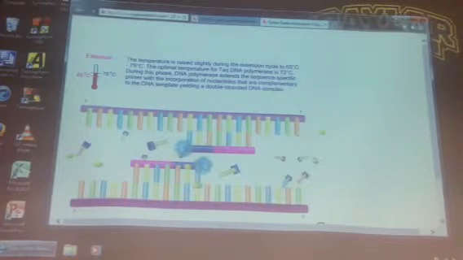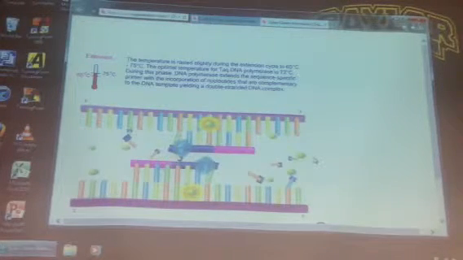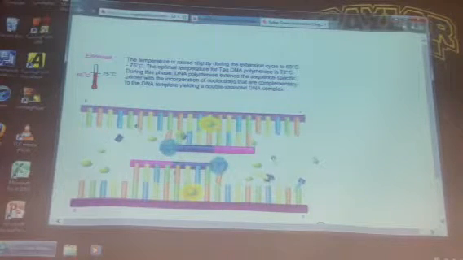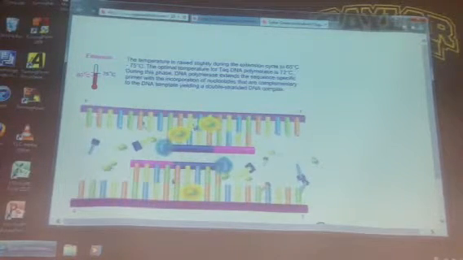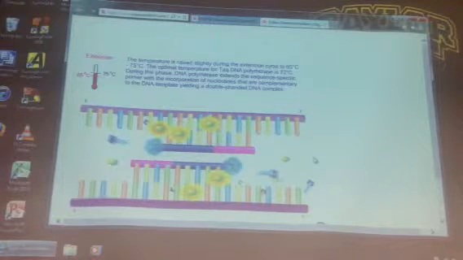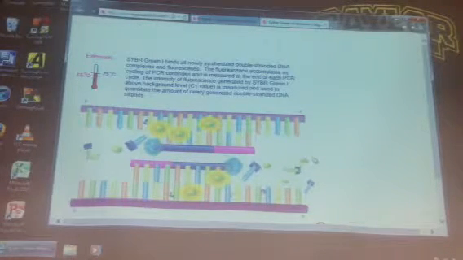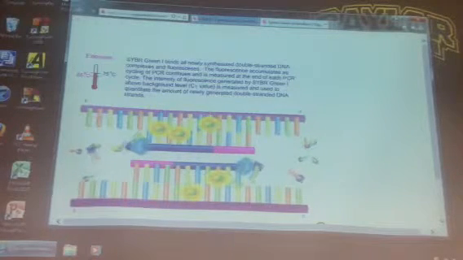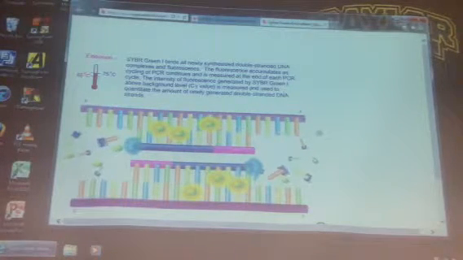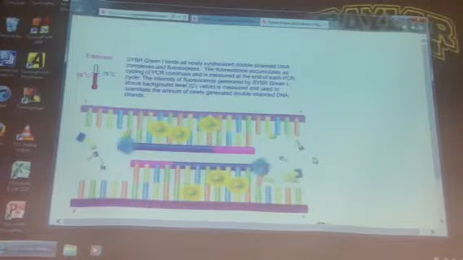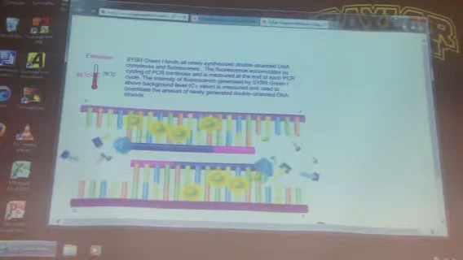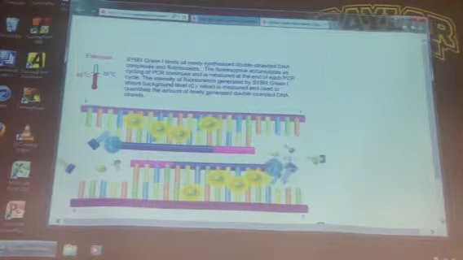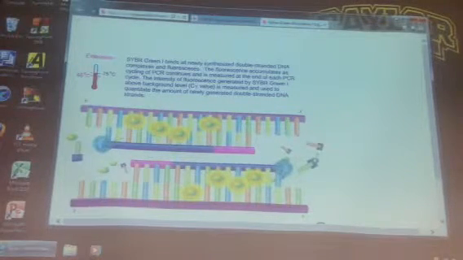The SYBR Green dyes will bind only to double-stranded DNA. That's what they do. So the longer you make your strand, the more SYBR Green is going to bind. And so it's quantitative. The stronger your fluorescence with SYBR Green, the more DNA you have. So fluorescence equals DNA concentration, and that's what you're looking for.